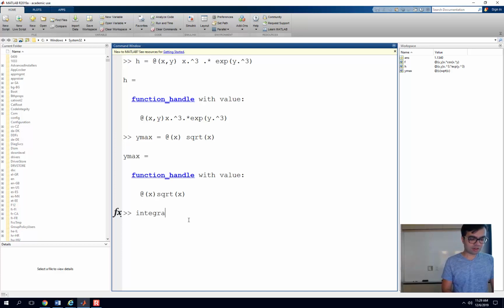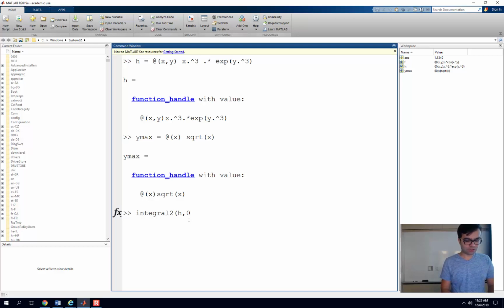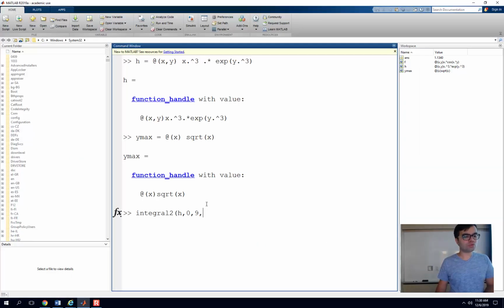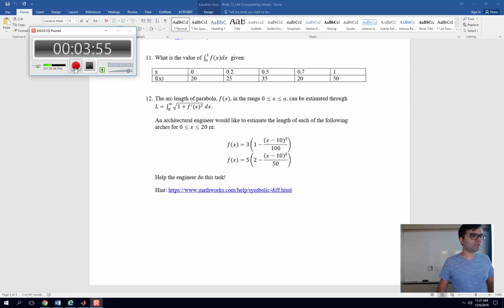Now we have integral 2 of h from 0 to 9 on the x-axis and from 0 to square root of x, or from 0 to y max on the y-axis. And that's going to be your answer. And the remainder of that question is basically similar, so I don't need to solve that for you.